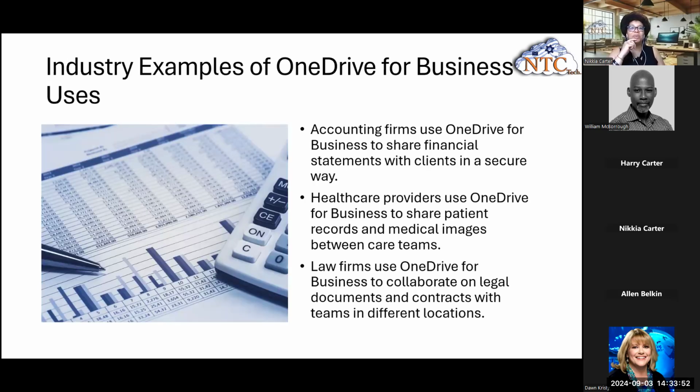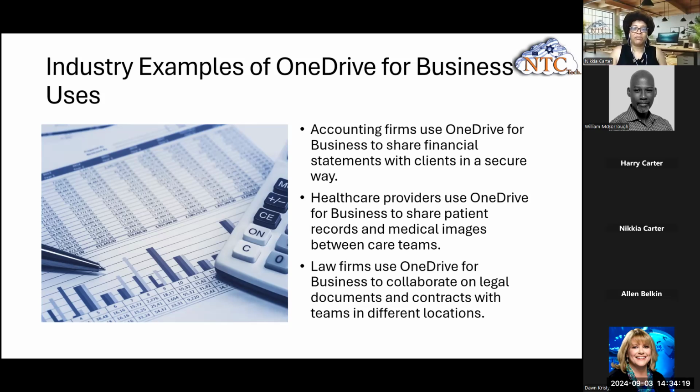Just a few examples. So OneDrive for Business, say for an accounting firm, they can use it to share financial statements with their clients, maybe have a portal for their client to come in and see those documents and sign things, and everything's secure and it's in one place that they don't have to email things back and forth. It's just right there. Healthcare, they can use it for sharing patient records back and forth between their care teams.